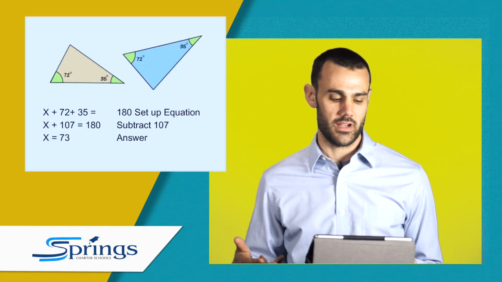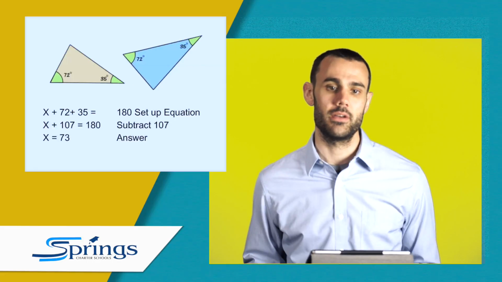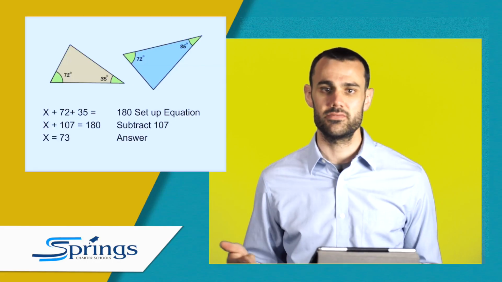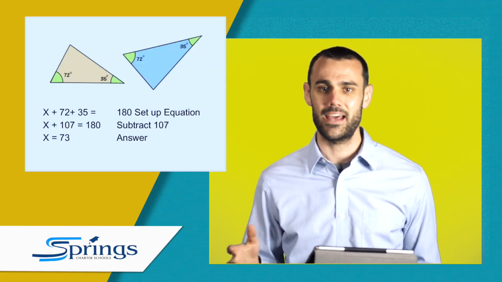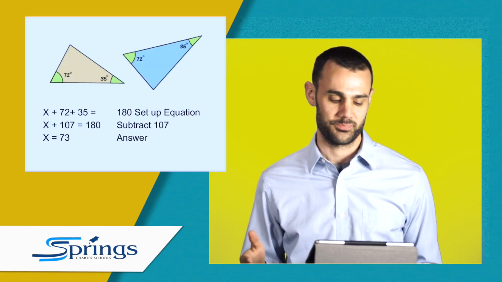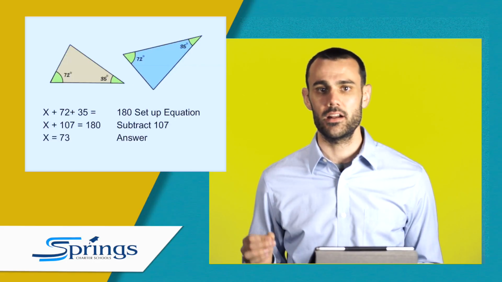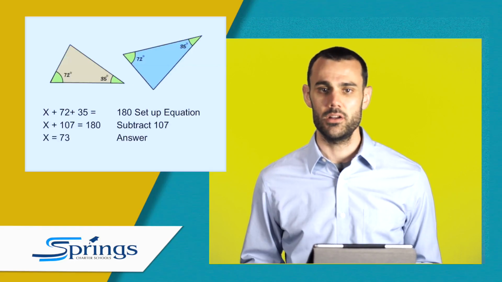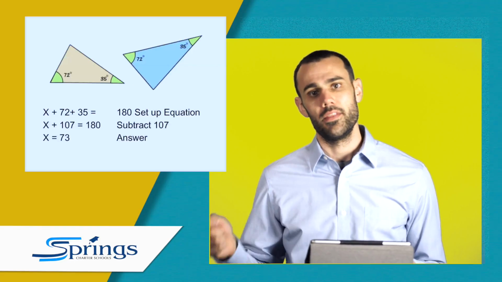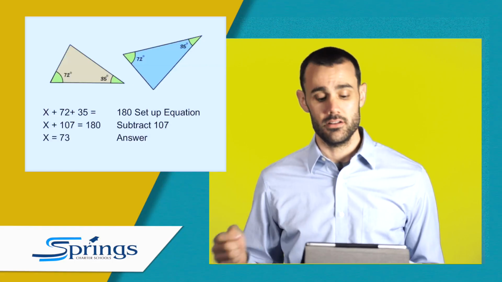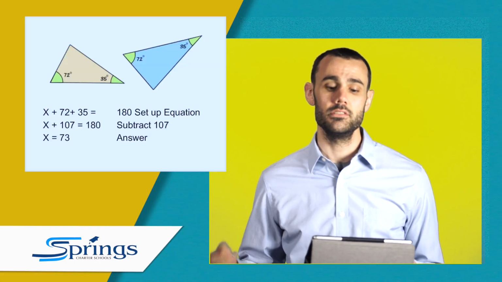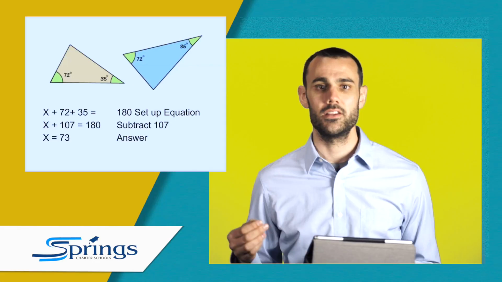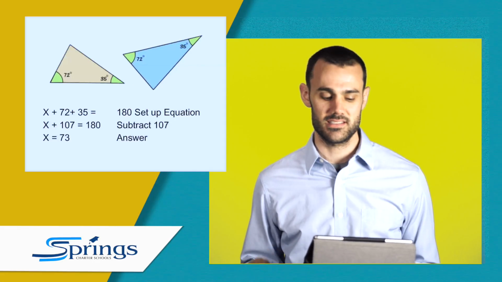So now our tan triangle has all three measurements: 72 degrees, 35 degrees, and 73 degrees. And when I add those together, I get 180. Now, based on our theory we've discussed many times so far, when I have two of the same angles on one triangle's interior, and they have the same measurement interior angles in the second triangle, which is in blue here, we can assume that the third angle is the same.